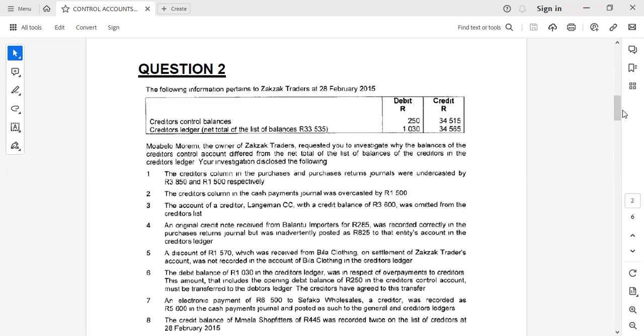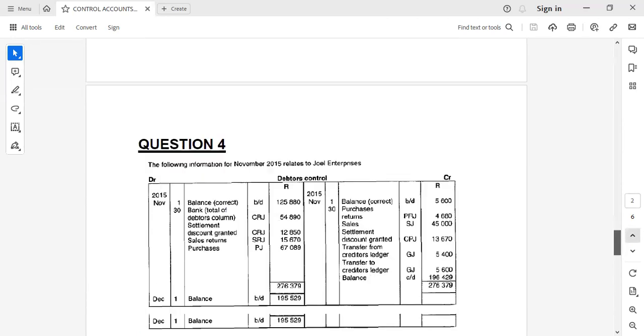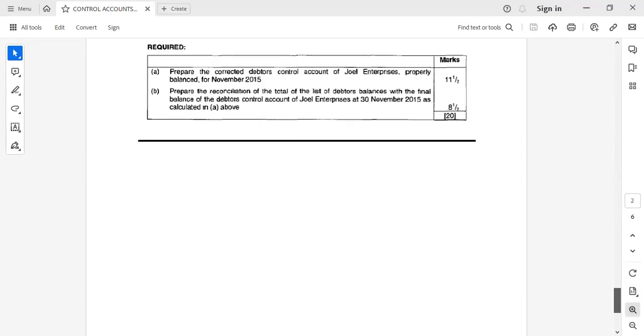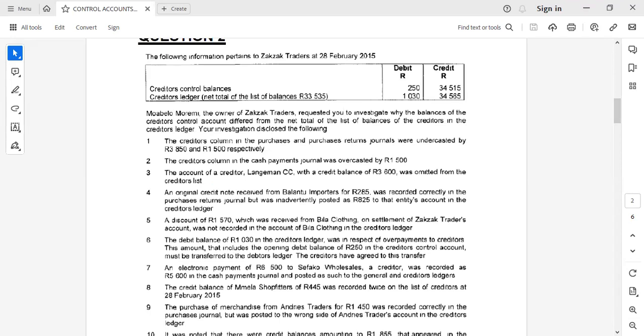So today we would deal with question 2. And then when you get time, you can deal with question 3 and 4. They are almost similar. Then the next time we'll look at the preparation of financial statements.